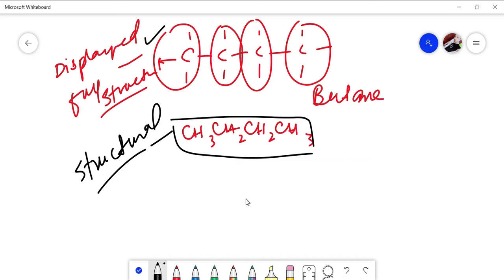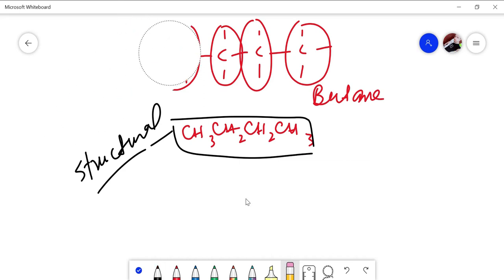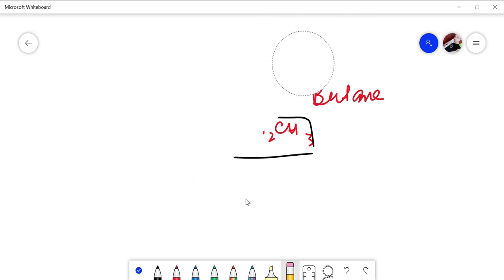Now we are moving towards chemical reactions of alkanes and alkenes.